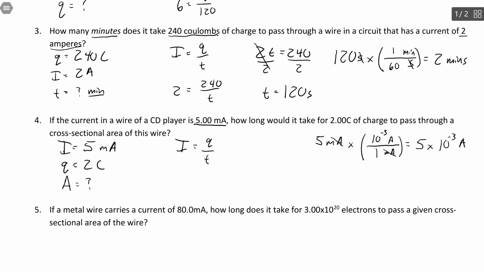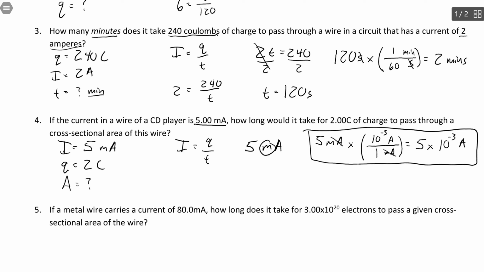And there's a little trick. I don't know if we've done it before, but instead of doing this whole process, which is good to know, just do it like this if you want. So 5 milliamps, anywhere you see the prefix milli, write in what your reference table tells you. So 5, and then this turns into times 10 to the negative 3, and then you just continue writing what was over here, amps.